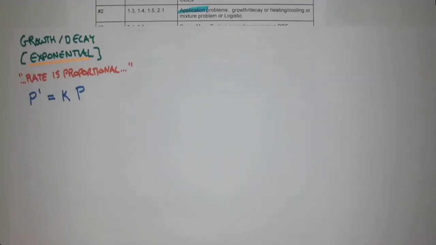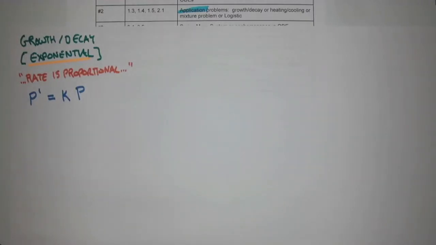Or radioactive decay, that's the case where k would be a negative value. The amount of some sort of chemical that degrades over time, well, it's proportional to how much there is currently.